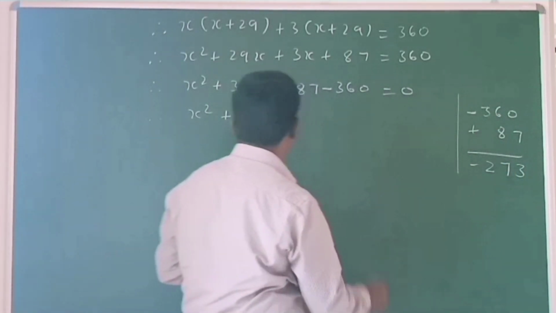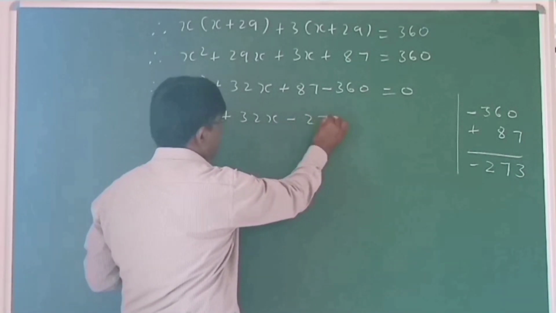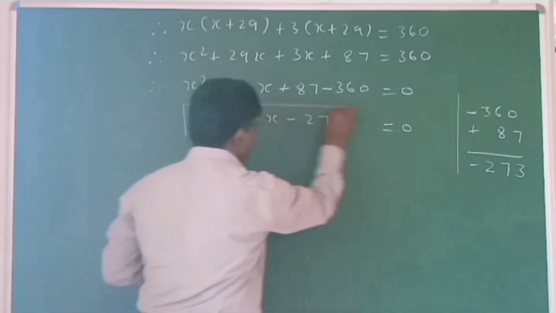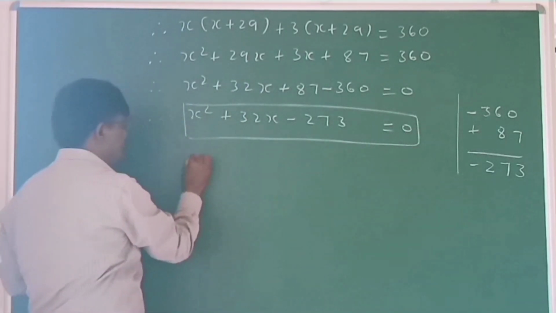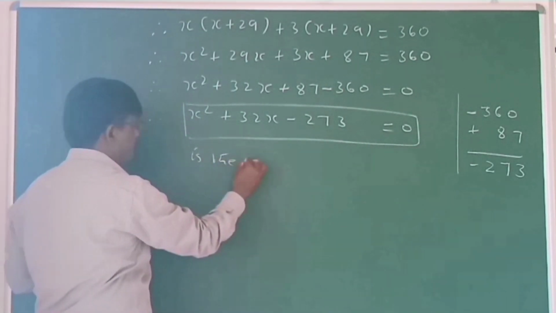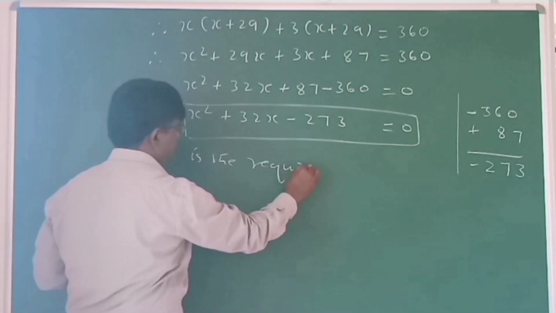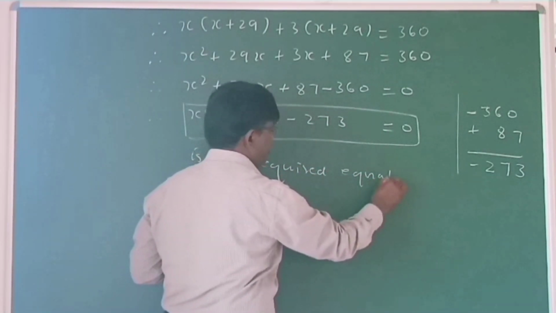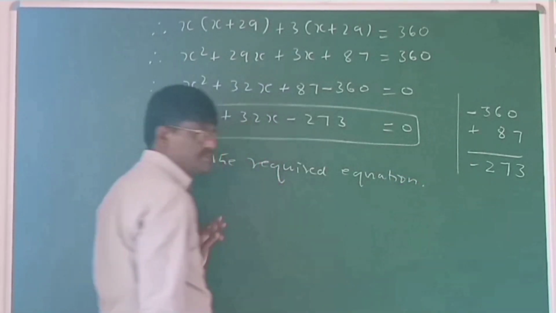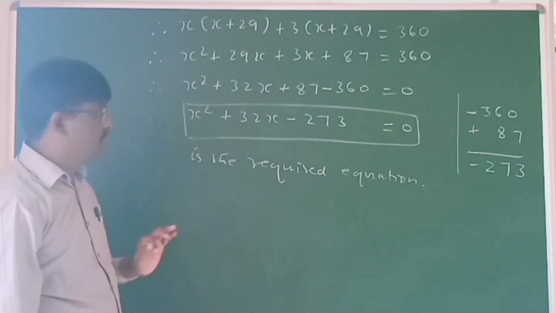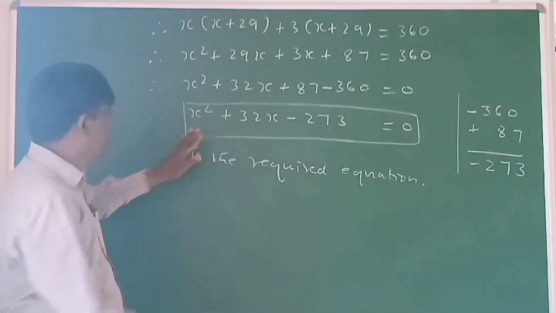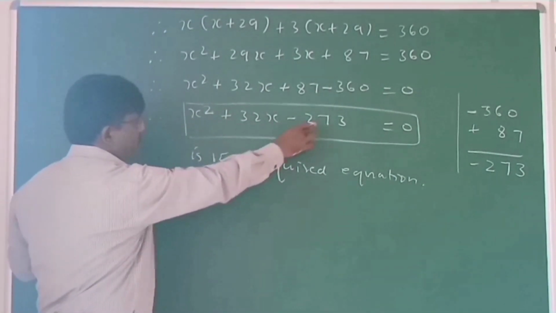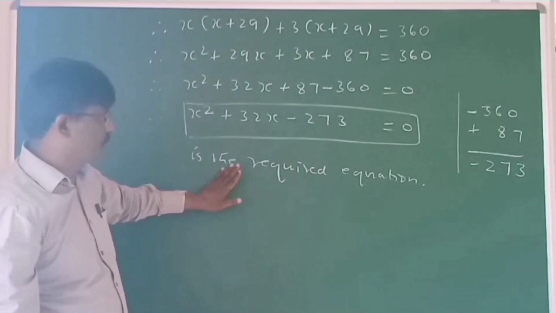Therefore, minus 273 equal to 0 is the required equation. Thus that situation can be expressed like this: x square plus 32x minus 273 equal to 0.